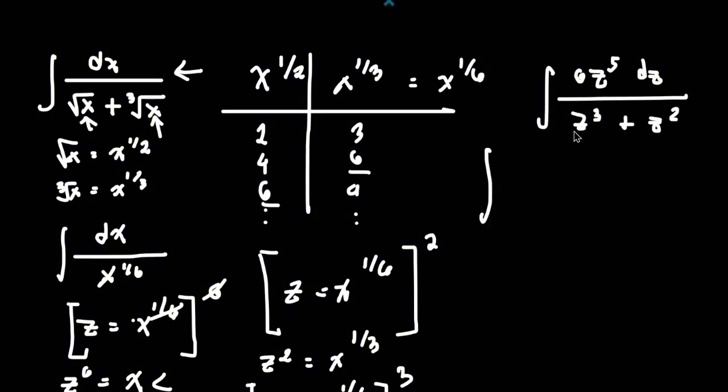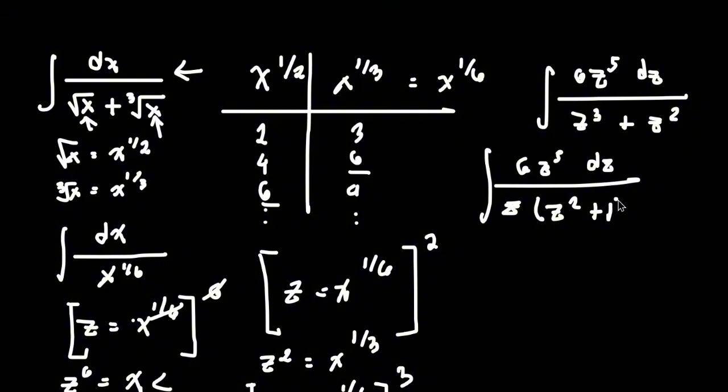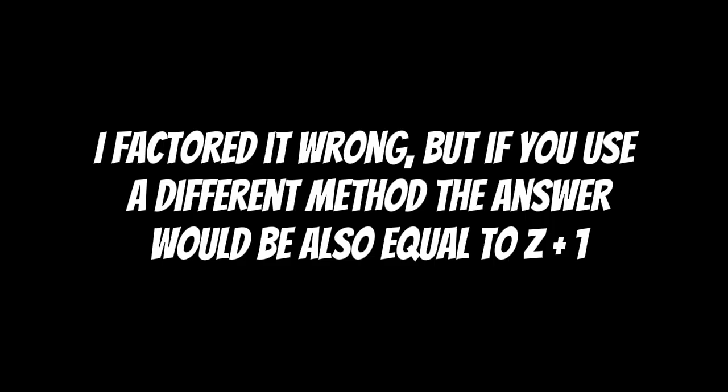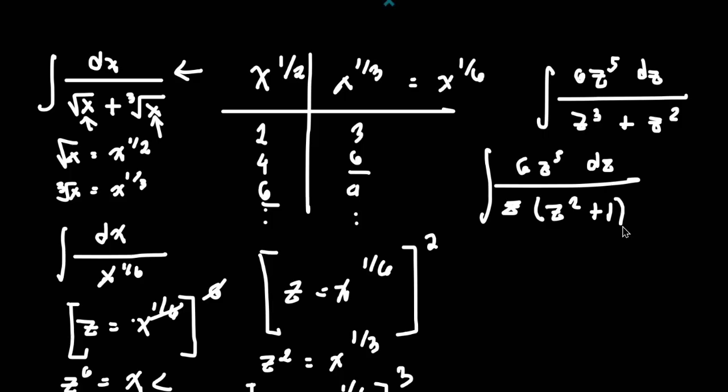And now, as you have noticed, the denominator could be factored. So basically 6z^5 dz. So this could be factored: z^2 times z plus 1. So this can be cancelled, and the 3 remains, and this could be cancelled.